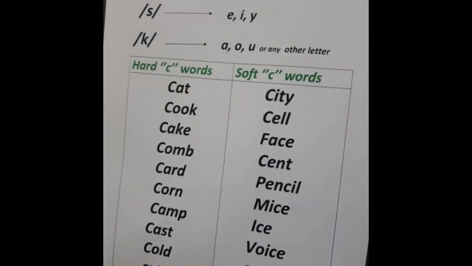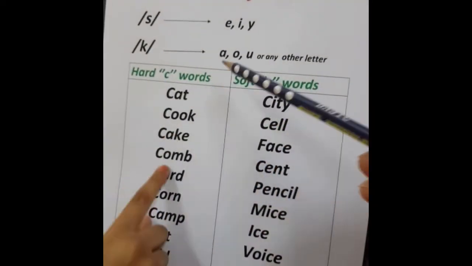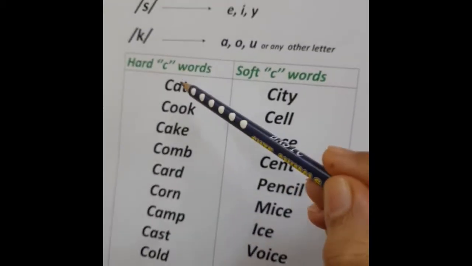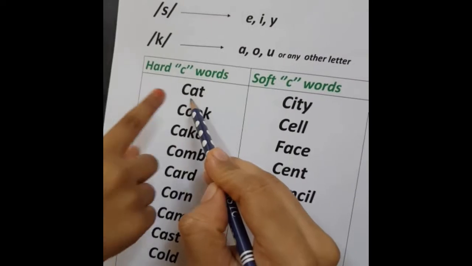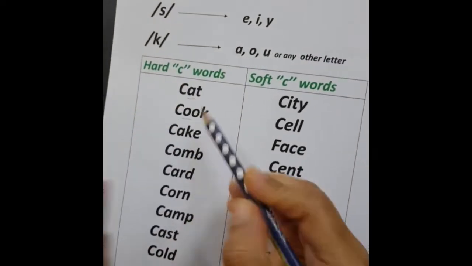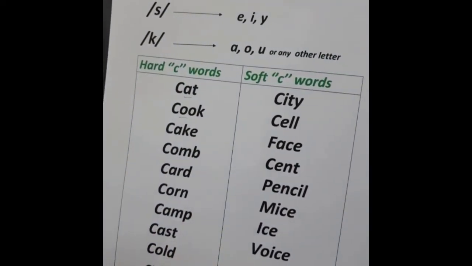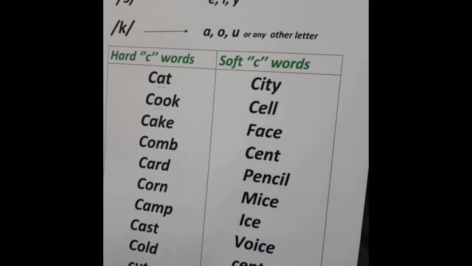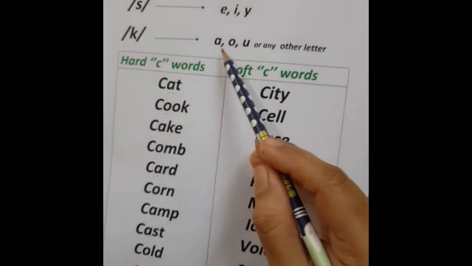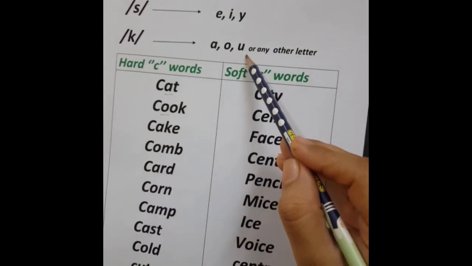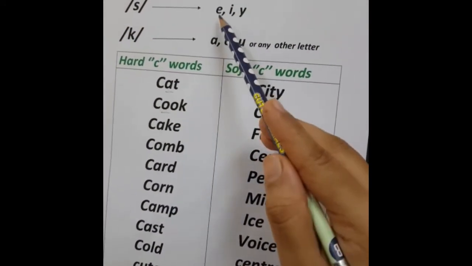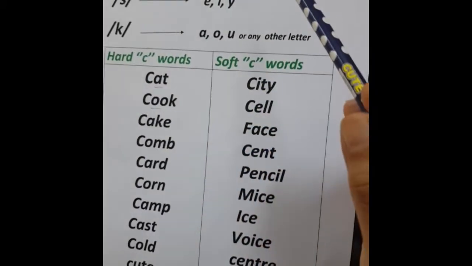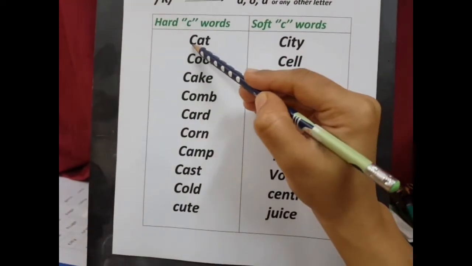Today we are going to learn both the hard sound of C and the soft sound of C words. We have five vowels: A, E, I, O and U. When C is with A, O and U, it makes the hard sound K, and when it is with E, I and Y, it makes the soft sound S. Now Filza, what is C-A-T?